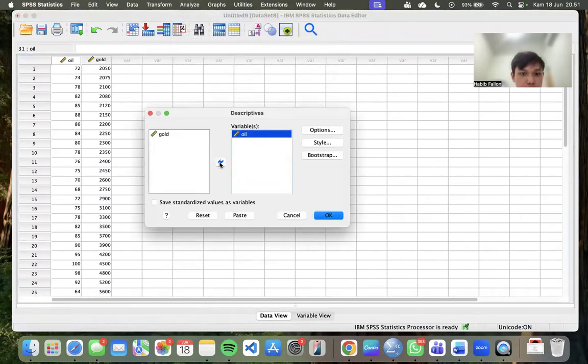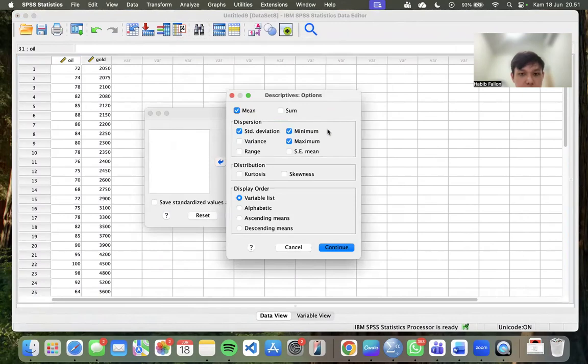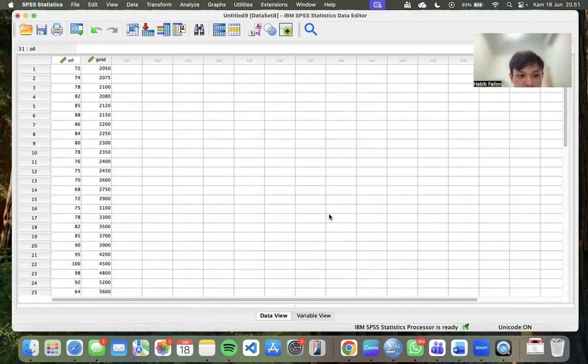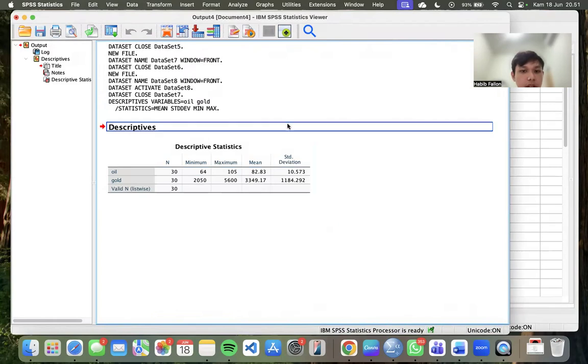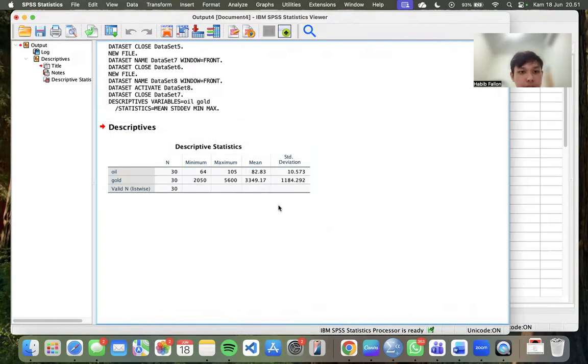We move both oil and gold into the variable box. Then we go to Options and make sure the mean, standard deviation, minimum, and maximum are checked like this. After that, we click Continue and OK. And then we have the data here.